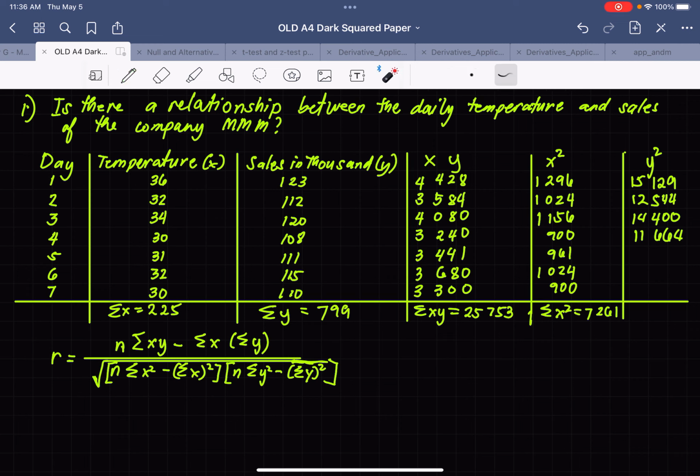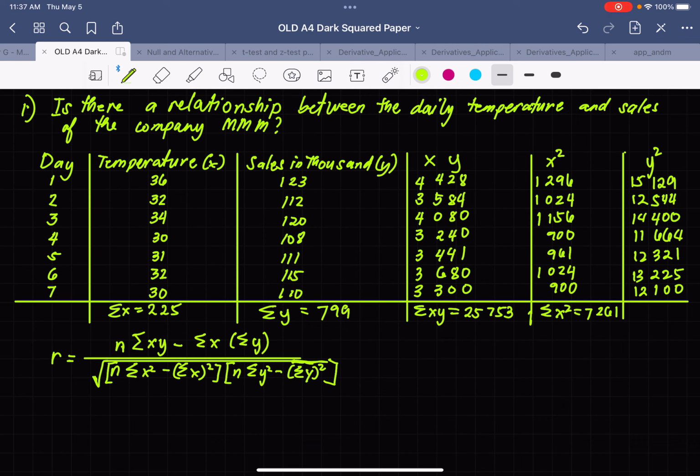Okay, next, the square of 111 is 12,321. Next, the square of 115 is 13,225. And last, the square of 110 is 12,100.